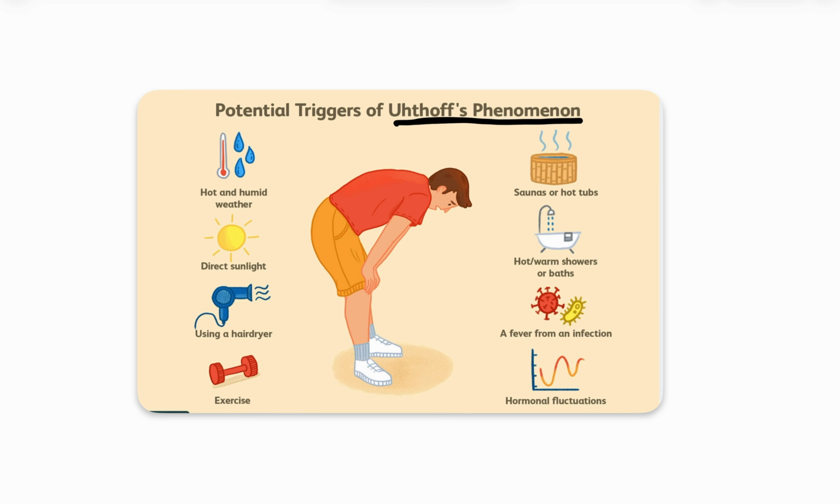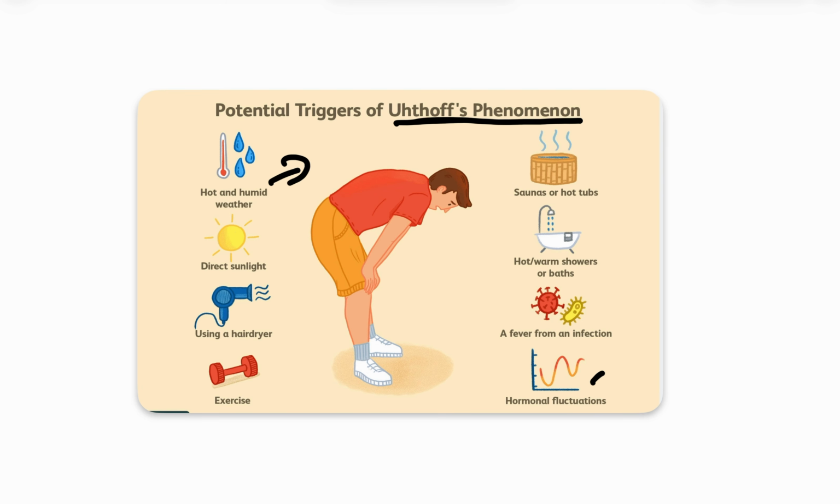What kinds of heat? Like humid weather, increased temperature, direct sunlight, a hair dryer, even the heat from a hair dryer, exercise, which will make our body hotter, hot tubs, hot showers or baths, and fever or an infection, or hormonal fluctuations like menopause or periods, or any hormonal fluctuations like that, will also make it worse.